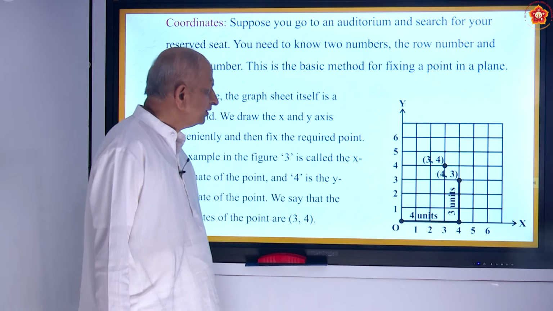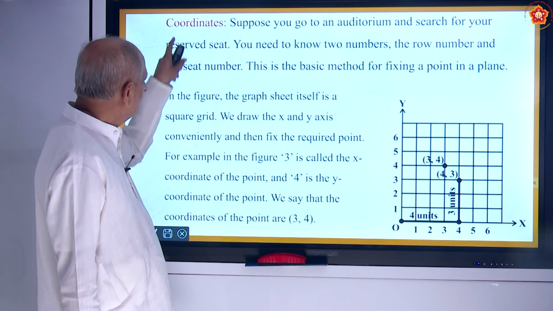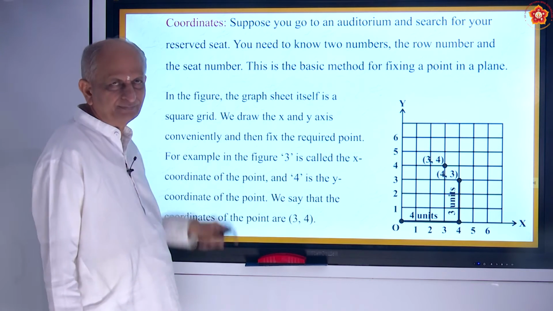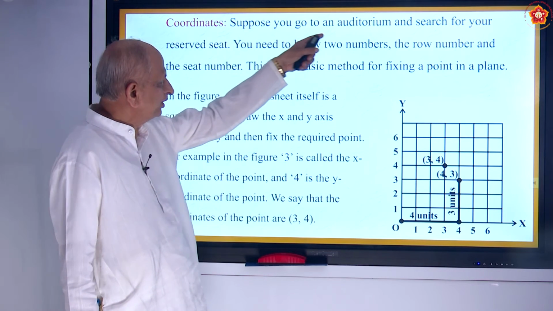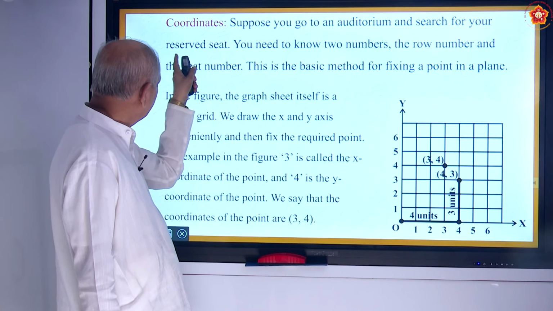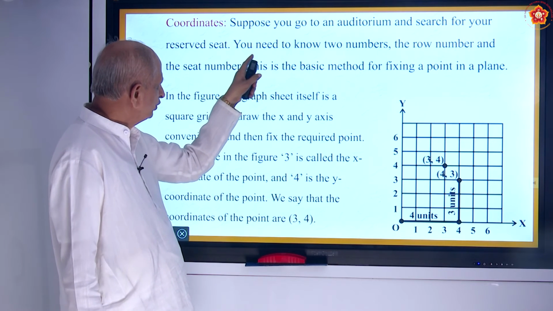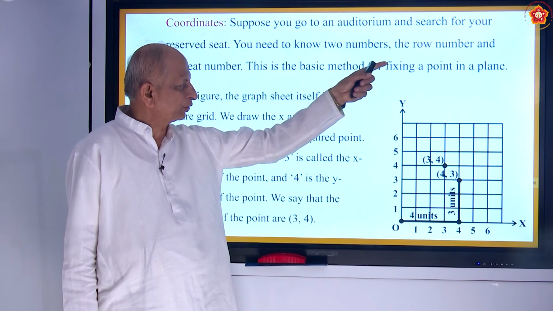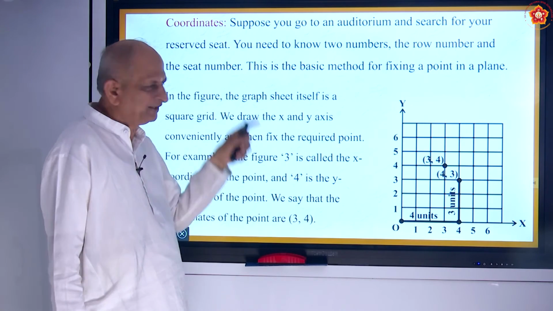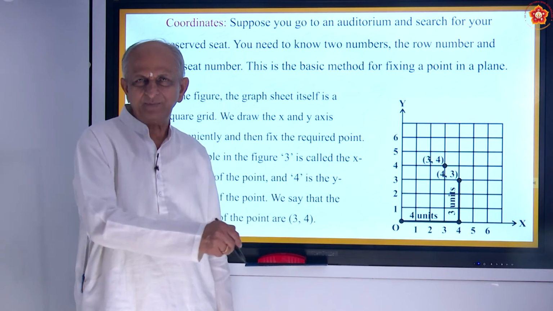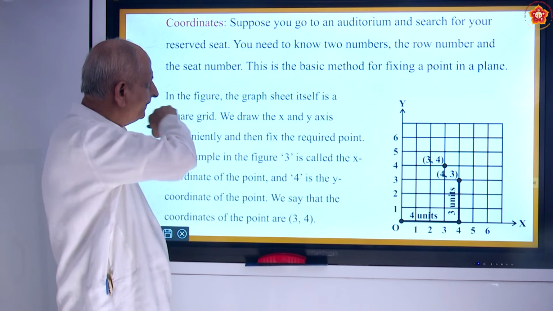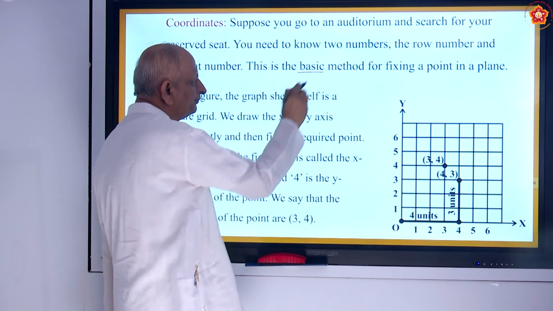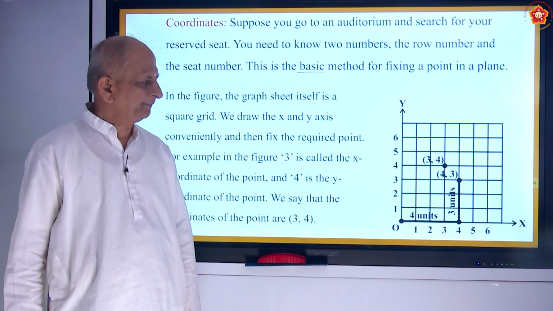So that is called coordinates. What is a coordinate? Suppose you go to an auditorium and search for your reserved seat; you need to know two numbers, the row number and the seat number. You must know the horizontal number and also the vertical number. This is the basic method for fixing a point in a plane.